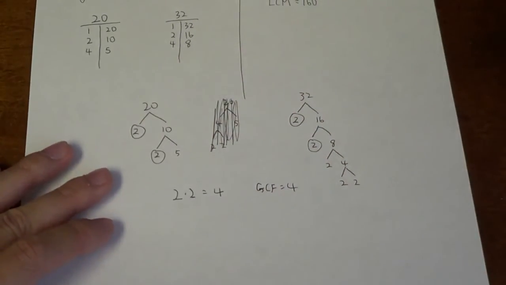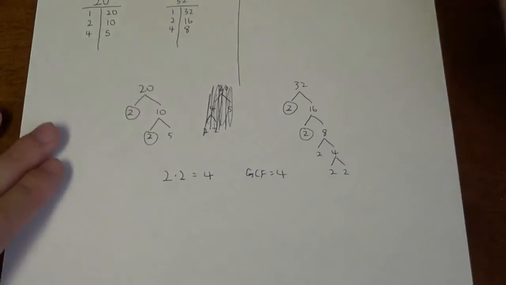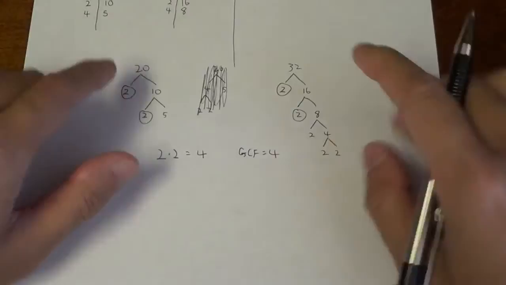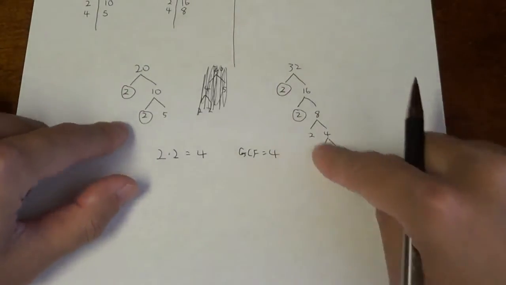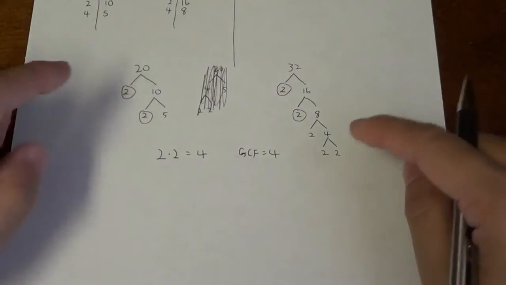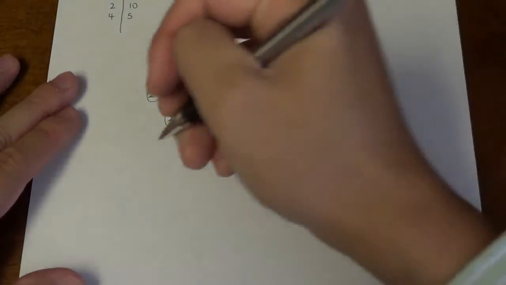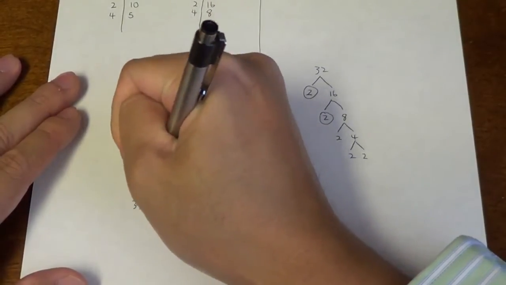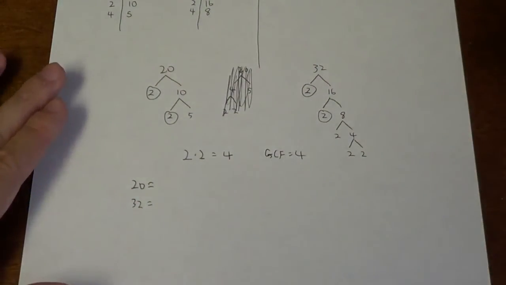Now to find the least common multiple, using the factor tree, I'm not going to do it again because it's the same factor tree and gets the same results, except this time we're trying to find the multiple. This one's a little trickier, and it's highly suggested that you rewrite the numbers in their prime factor form.